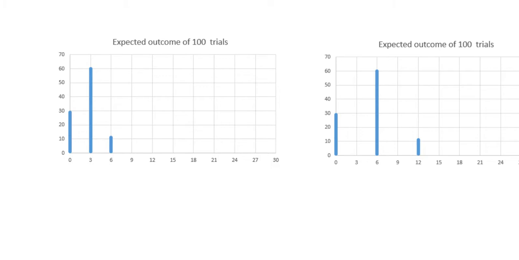Now what if we were to just add 1 to it? So instead of going 0, 3, 6, we would instead go to 1, 4, and 7.